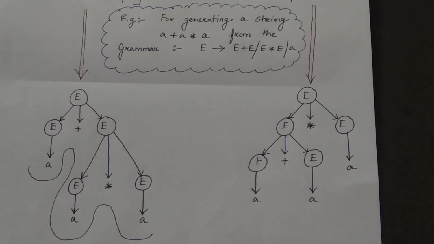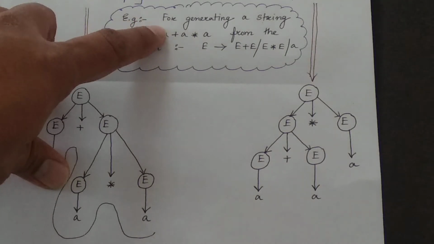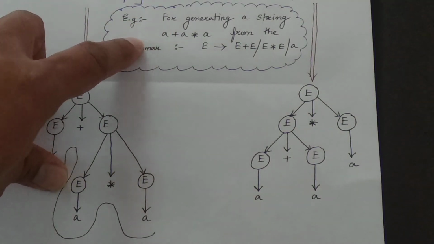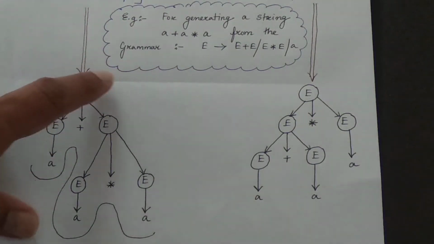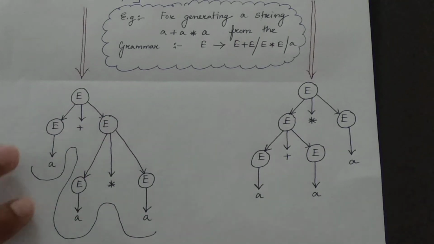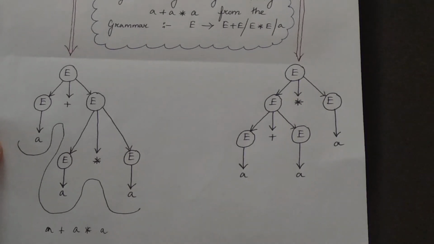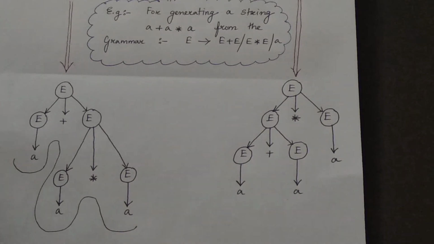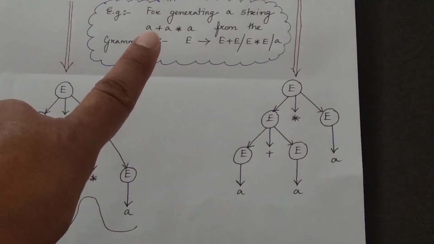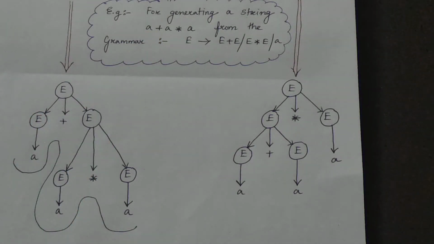So generally how does the question come? The question generally comes as: for generating a string from the grammar, perform leftmost derivation tree or right derivation tree. That's it. And last, I want to add one point, that I have already discussed ambiguous grammar. If I ask you whether this grammar is an ambiguous grammar or not, yes, it is an ambiguous grammar.